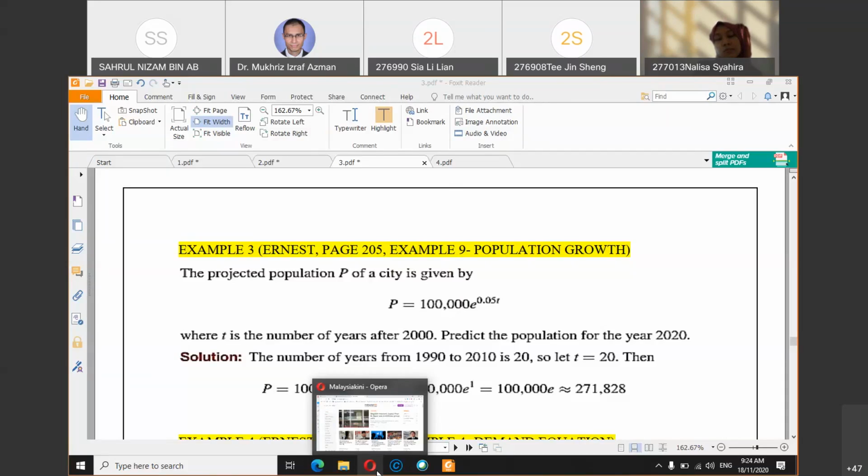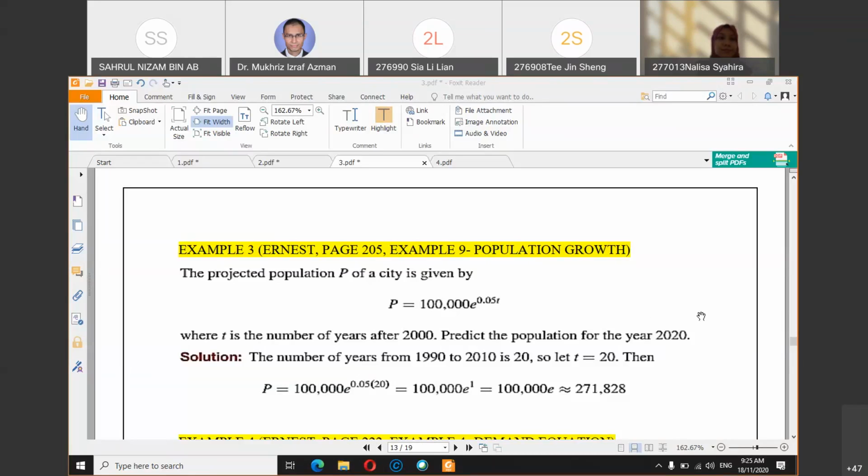So we put 20 into the T side. 2020 minus 2000, so we can get 20.